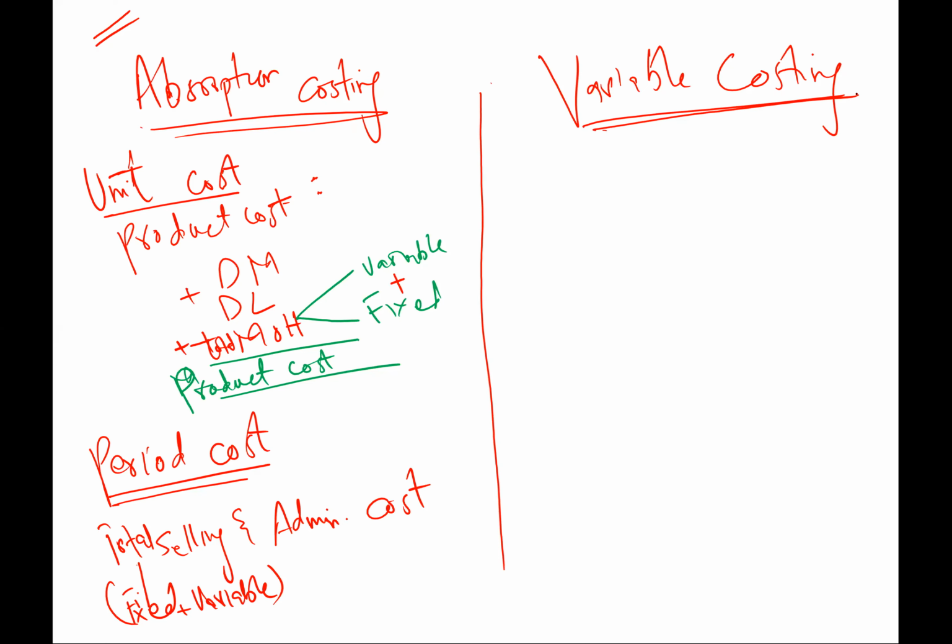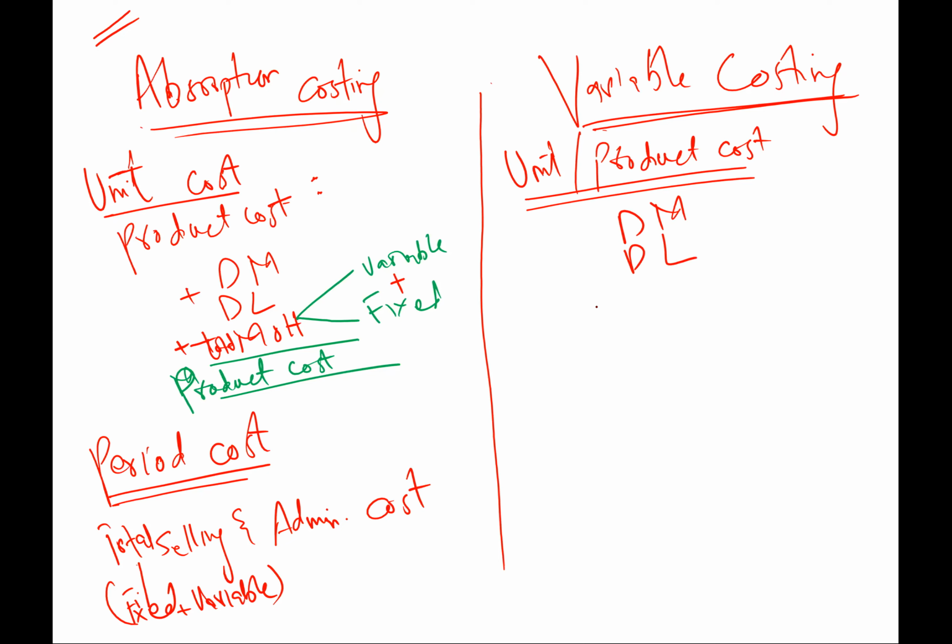So under variable costing, unit cost or product cost would be equal to direct material, direct labor, but only the variable part of manufacturing overhead.